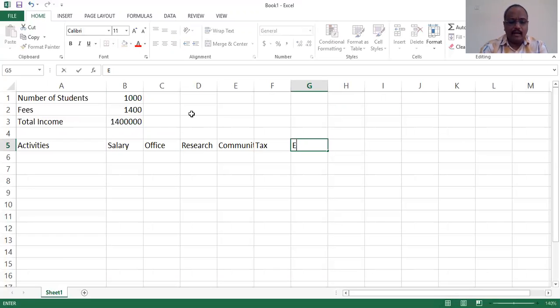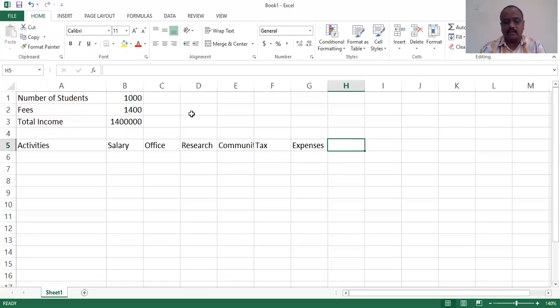So these are the expenses. And then we are going to check for the profit.